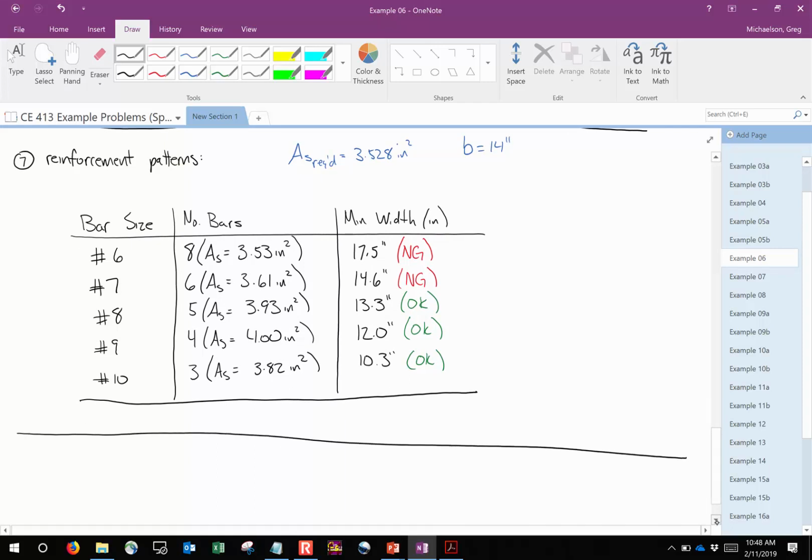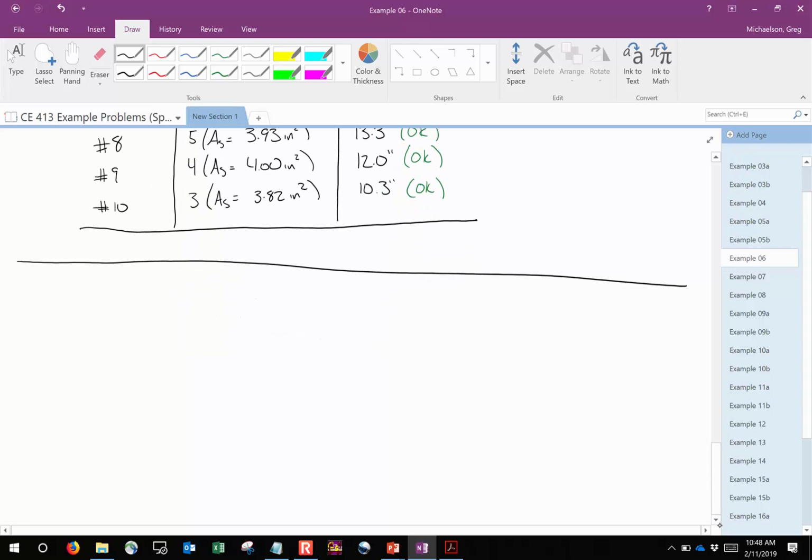So when it's all said and done, we can write out our trial design. Let me scroll down a bit. Our trial design looks like this. Here's our beam. It is 14 inches wide.